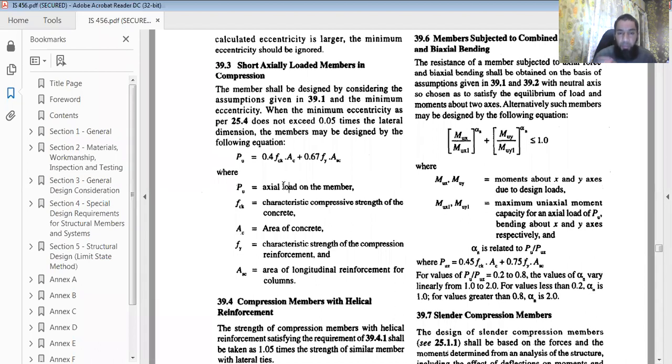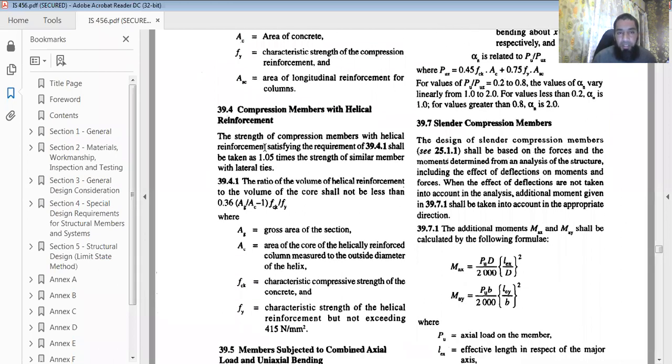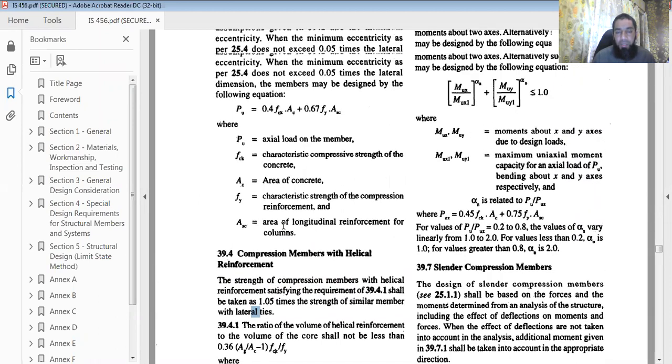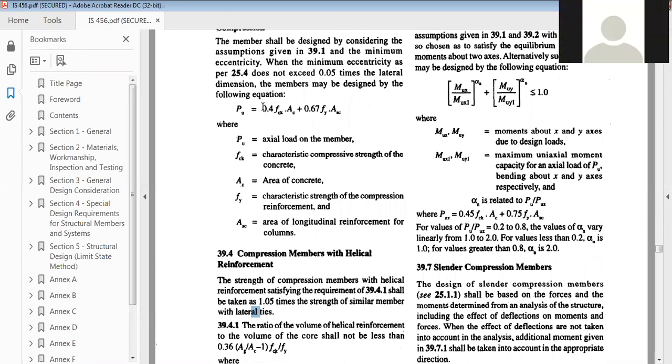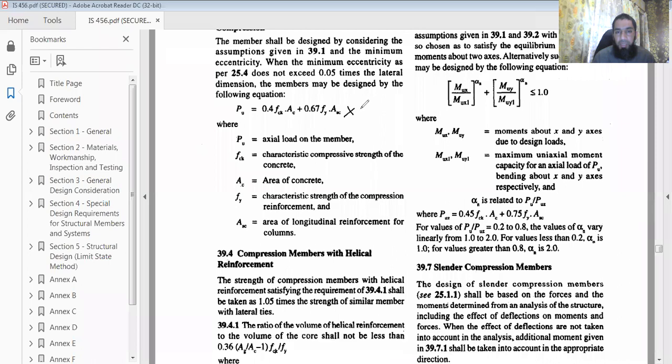So before going into that, you also have a formula for compression members with helical reinforcement. The strength of the compression members with helical reinforcement, when you have a circular column, shall be taken as 1.05 times the strength of a similar member with lateral ties. So in this case, when you have a helical, this formula is the same, but you would have to multiply it by 1.05. All of this is in brackets, and then the whole is multiplied by 1.05.